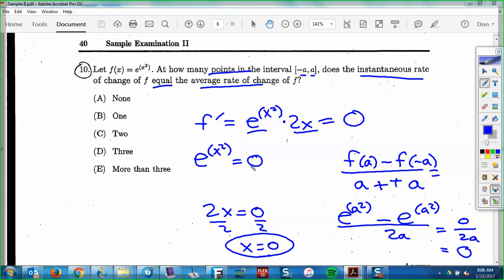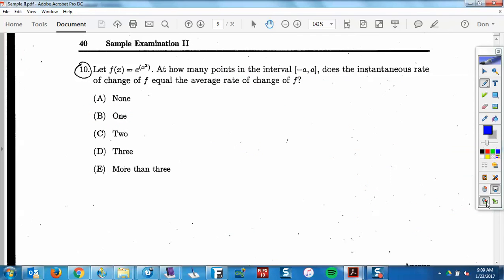If you put a negative in there, it's going to square and turn positive, so it just won't ever equal 0. So at how many points does that happen? 1. And that would be between negative a and a, right? 0 would be between negative a and a. Okay? Good question.